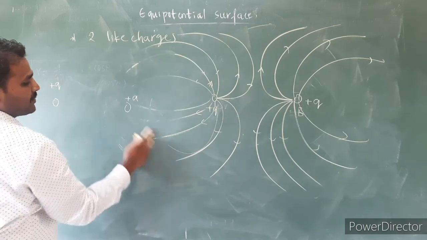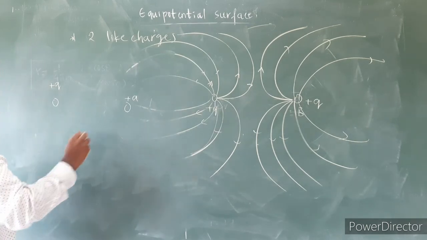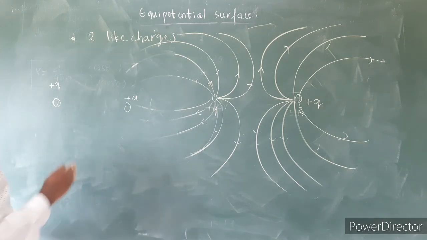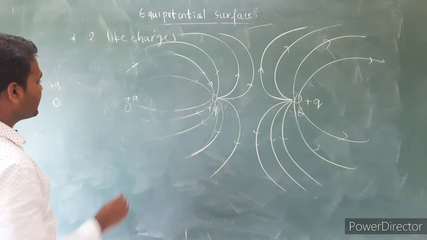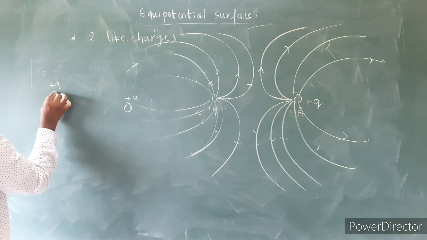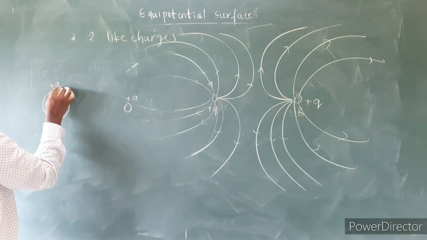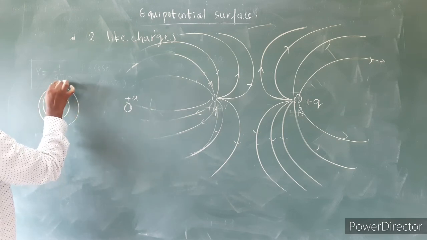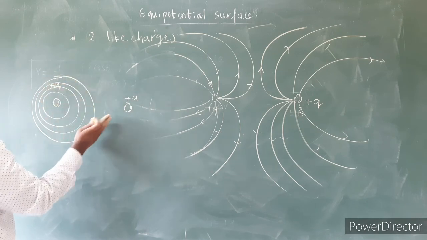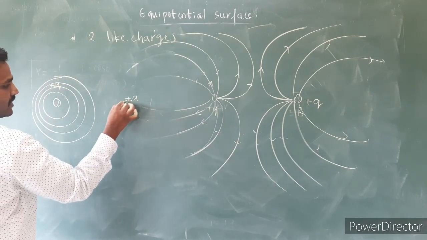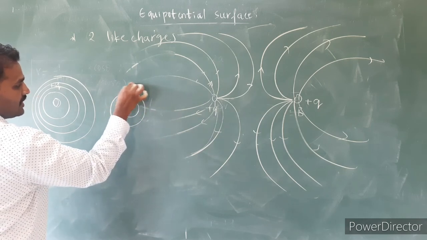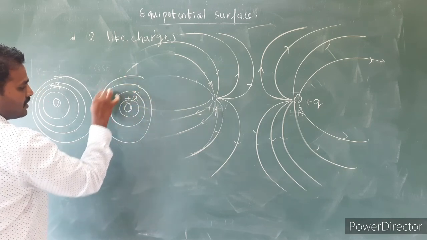The same figure I am repeating here, and my distribution of equipotential surfaces will be exactly opposite to that of an electric dipole. If this is my first equipotential surface, outwards the distance goes on reducing. As I move inwards, the distance goes on increasing. The distance increases inwards and the distance decreases outwards.